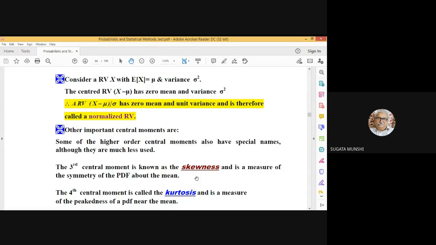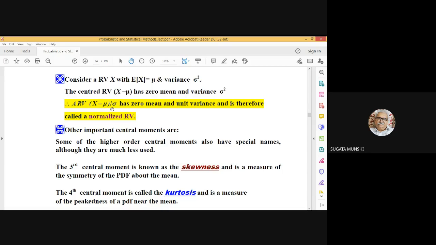So there, this normalization is done. Once normalization is done, there can be a single table tabulating the normalized random variable and the corresponding probabilities. So for solving problems on probabilities involving that type of distribution, first you have to do the standardization or normalization.